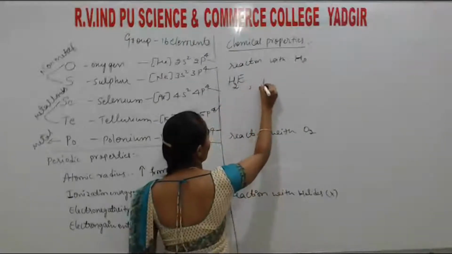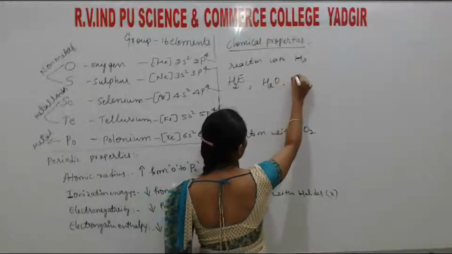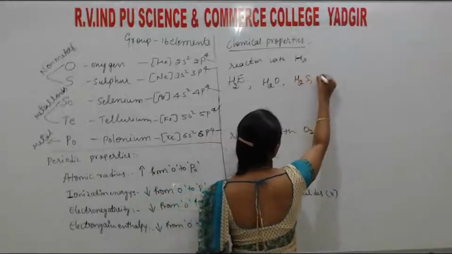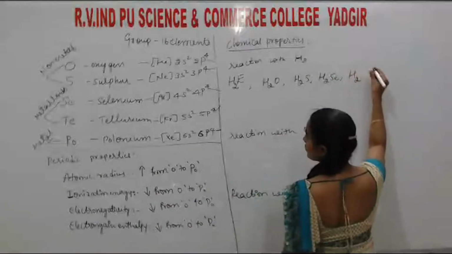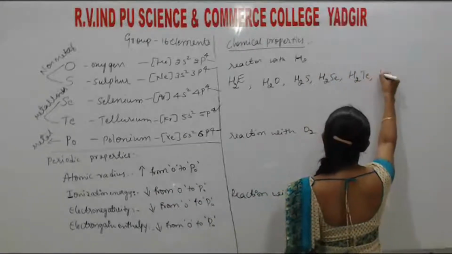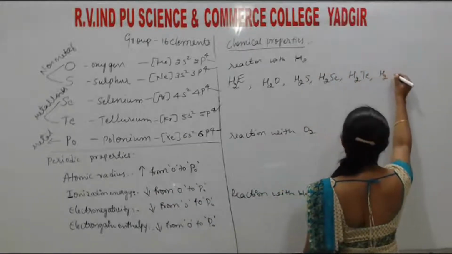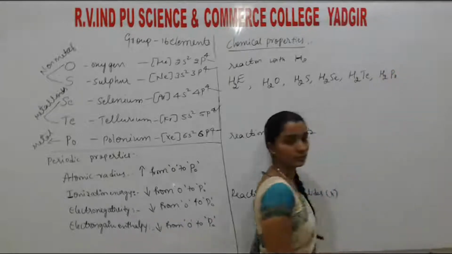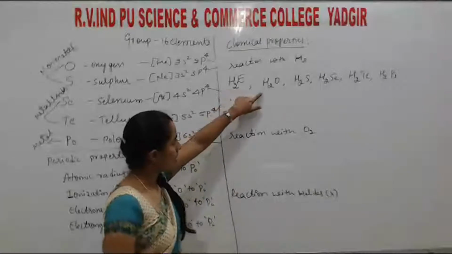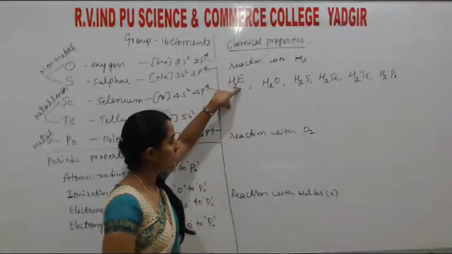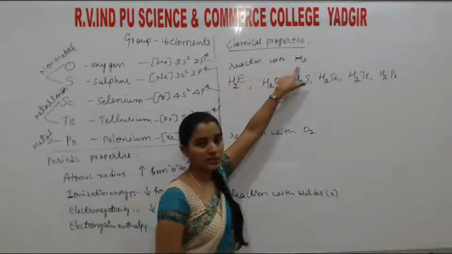So here I write H2O, H2S, H2Se, H2Te, H2Po. This is the type of compounds formed.